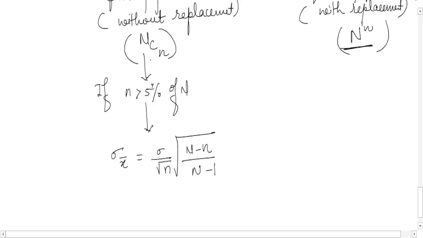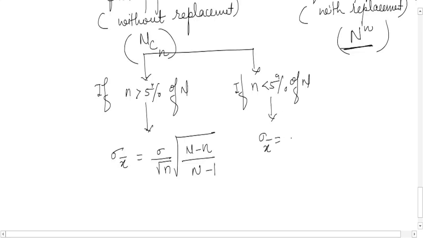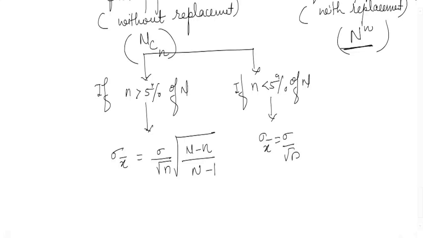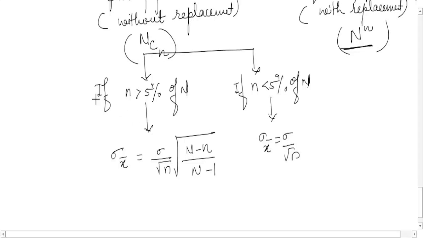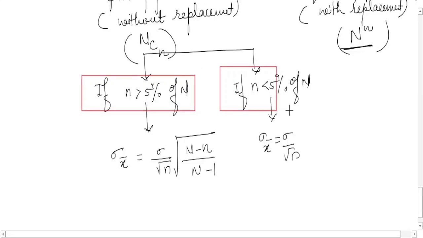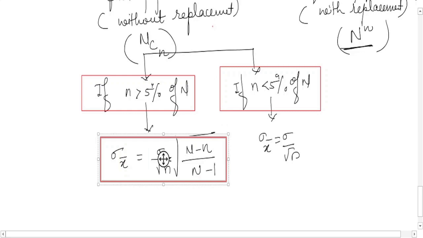If this condition is not true, that is if n is less than 5% of capital N, then the formula would be sigma x bar equal to sigma upon root n. There are two conditions which we will apply while solving the examples.